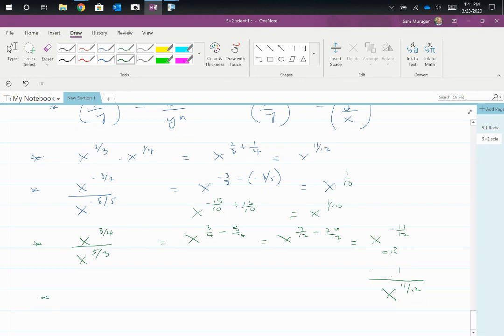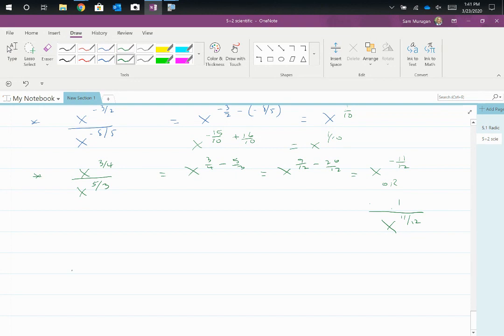So this is a multiply problem: x to the power negative 3 over 2 times x to the power 7 over 4.